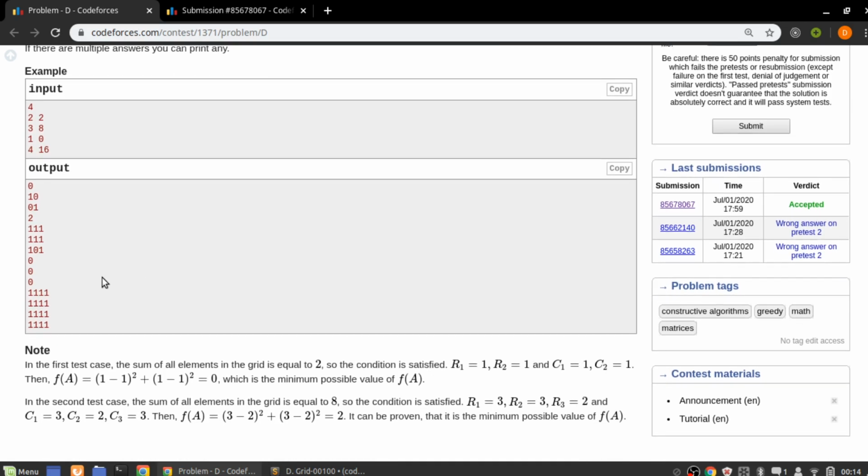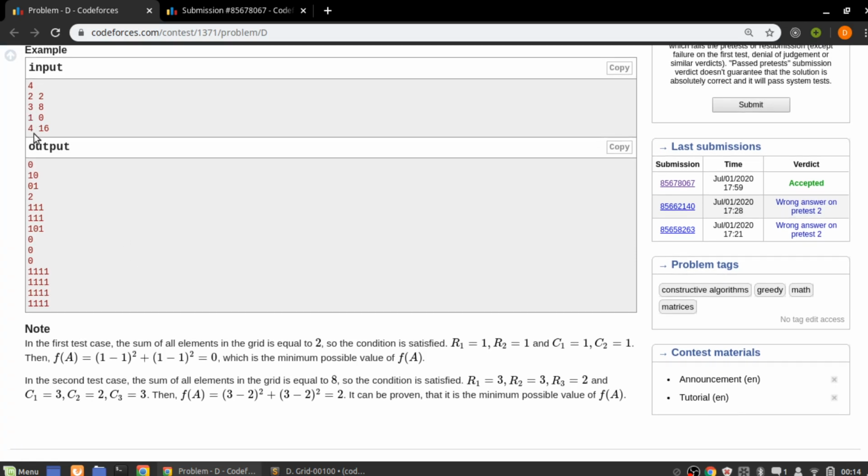For n equal to 3 and k equal to 8, this will be the answer. In this one, the max R is 3 for rows 1 and 2, and min R is 2 for row number 3, and max C is 3 for columns 1 and 3, and min C is 2 for column number 2. So (3 minus 2) squared plus (3 minus 2) squared equals 2.